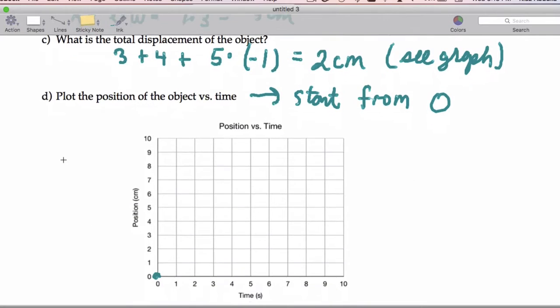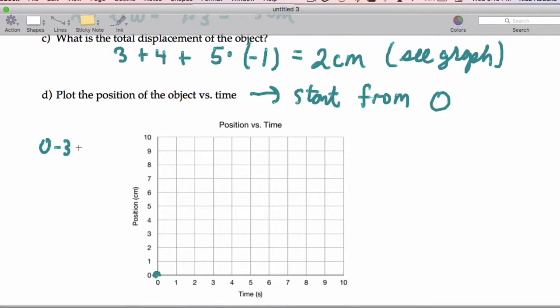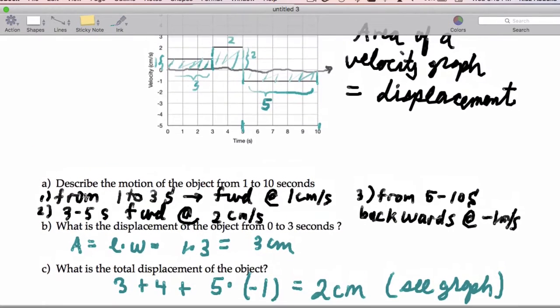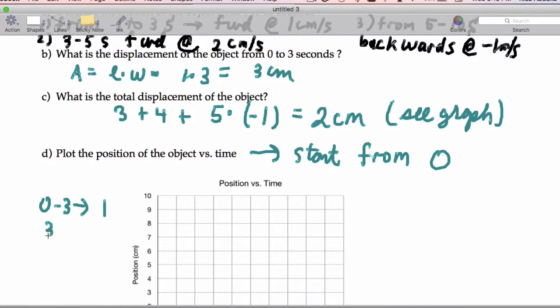So I just want to line this up. From 0 to 3 seconds, reading the velocity graph, the slope is 1. From 3 to 5, the slope is 2. From 5 to 10, the slope is -1.